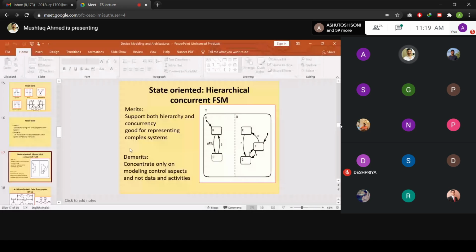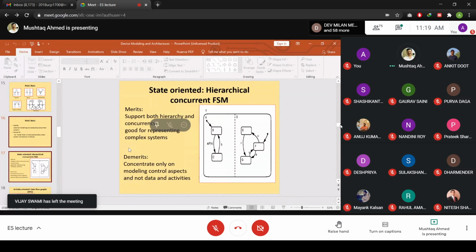Concurrency can be explained easily by depicting the various types of states and the transition from one state to another. As you can see over here, there is one function Y which has two different subfunctions, A and D, and the transition first takes place.